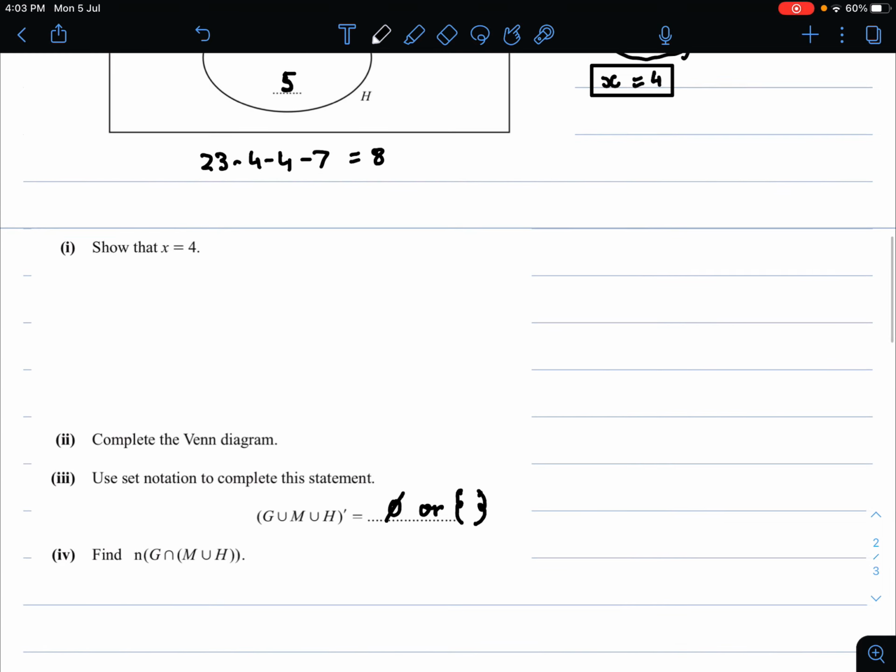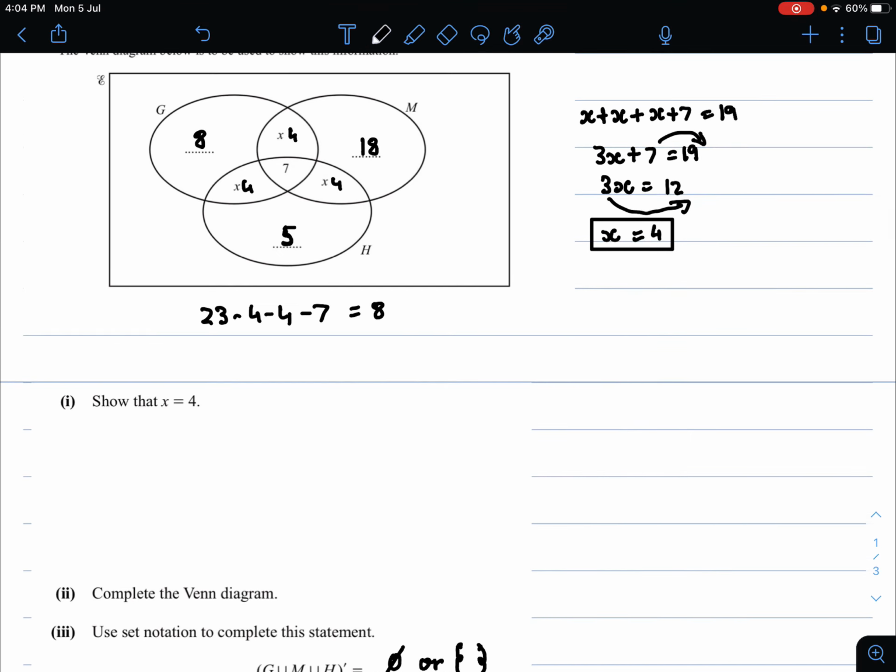Find the number of elements in G intersection M union H. Okay, so according to BODMAS or PEMDAS, we have to solve the brackets part of the question first. So that is M union H. So that would be the other two circles of mathematics and history.